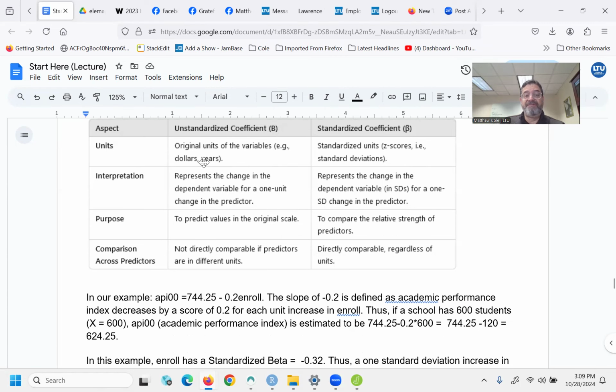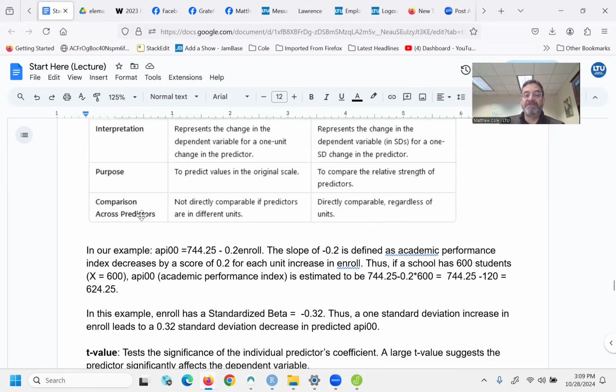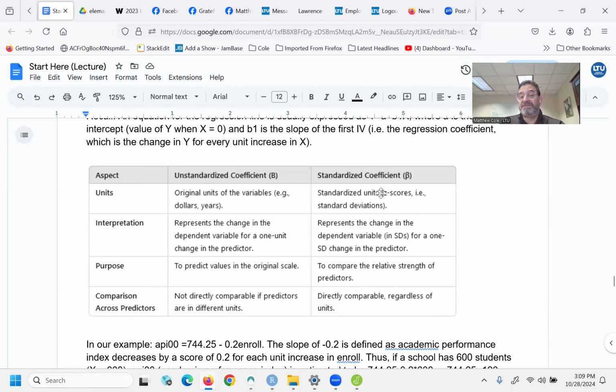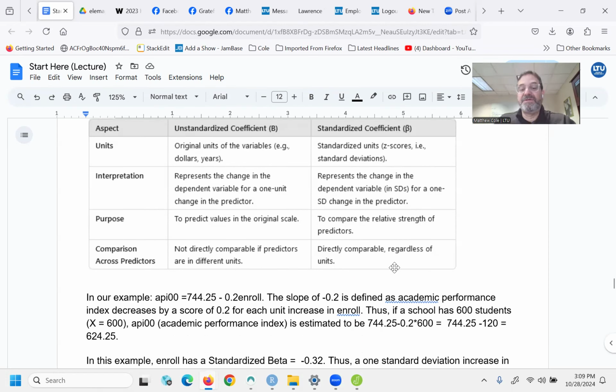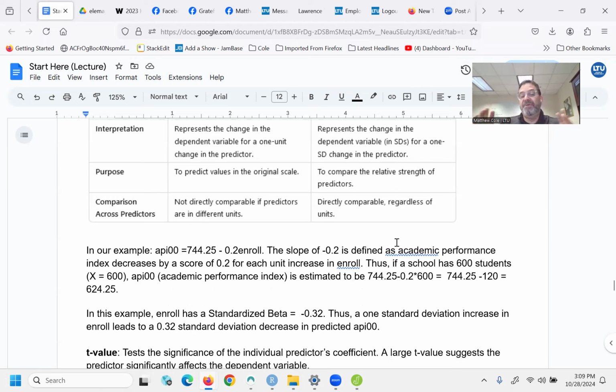The purpose of the unstandardized is to predict values in the original scale, the standardized coefficient to compare the relative strength of predictors. Unstandardized coefficients are not directly comparable if predictors are in different units, but when we standardize, it's directly comparable. So it's good to use them both, put them in your table, and I hope you can understand the difference between them.